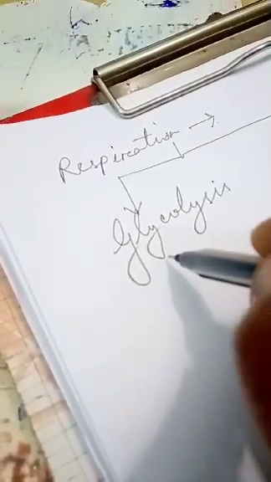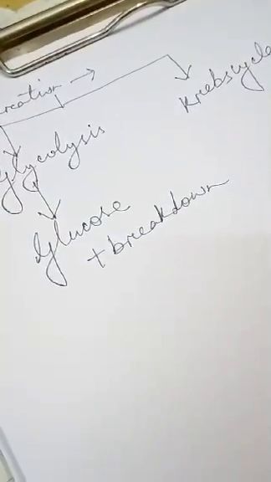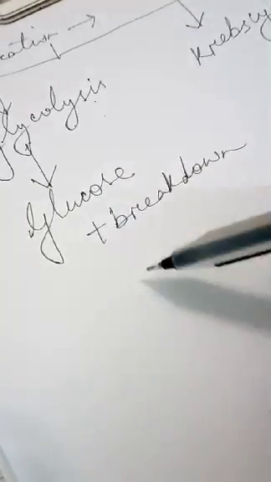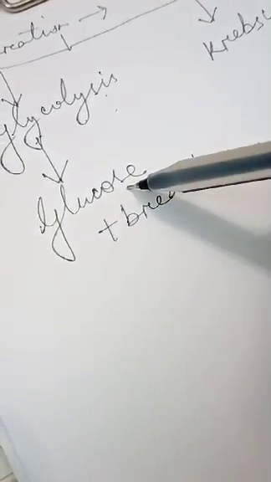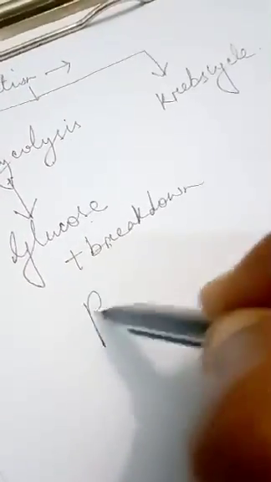Now, what is the meaning of glycolysis? Glycolysis is formed from two terms: glucose and breakdown, so the breakdown of glucose is called glycolysis. In this process, glucose, a 6-carbon compound, breaks down into two 3-carbon compounds called pyruvate.